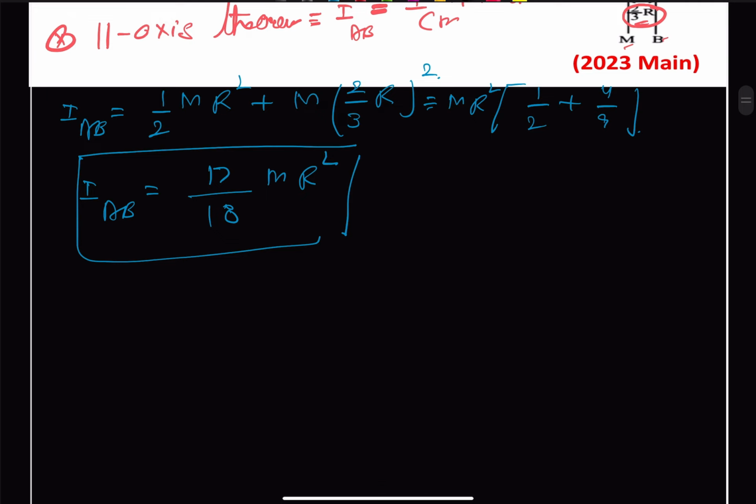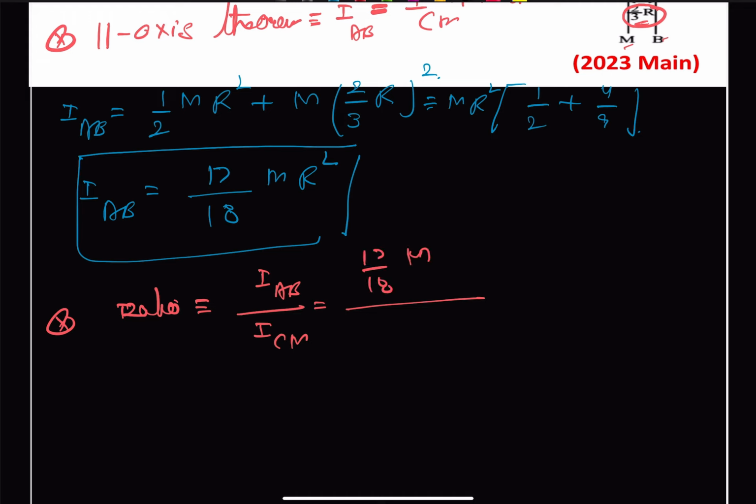We have to find out the ratio. The ratio gives us IAB and ICM. IAB is 17 upon 18 mr square, ICM is half mr square.